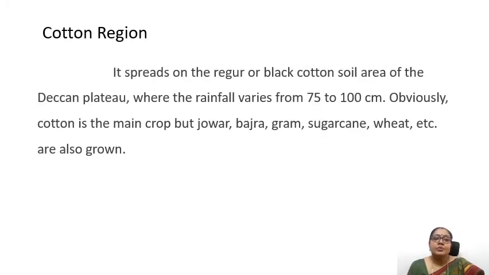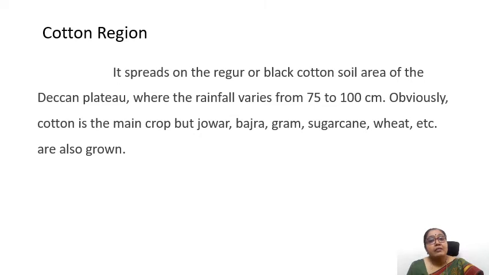Now, moving on to the cotton region, we know Indian cotton is very famous. There's a huge market for the cotton products of India. The region where we grow cotton spreads over the black cotton soil areas of the Deccan Plateau.